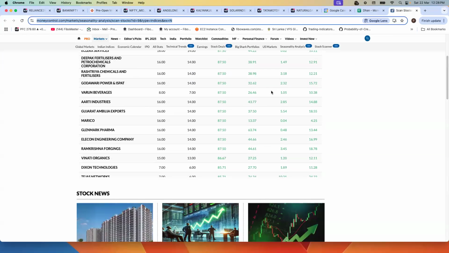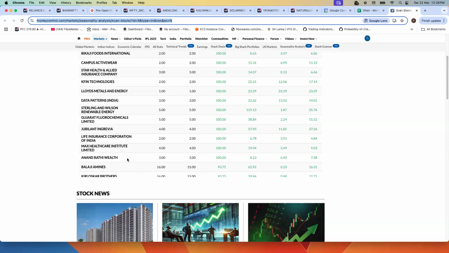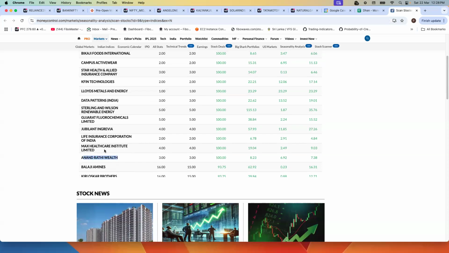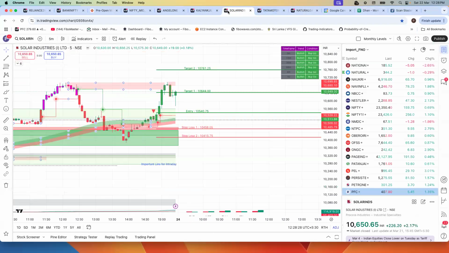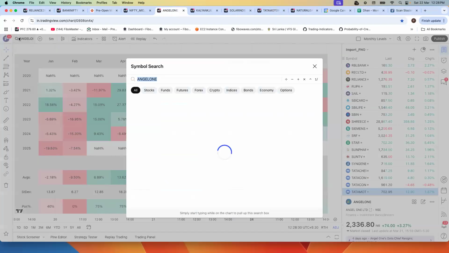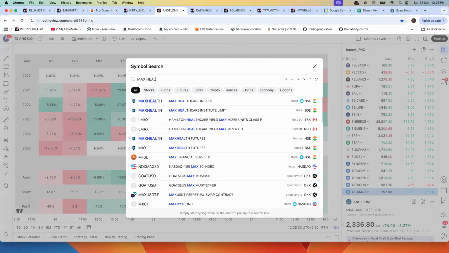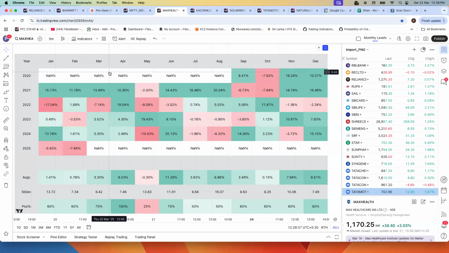Let's take something which is 100% good, like Max Healthcare Institute. Let me pull up Max Health. You see March, April, 100%. It will grow. So Max Health will be a good stock for the month of April.